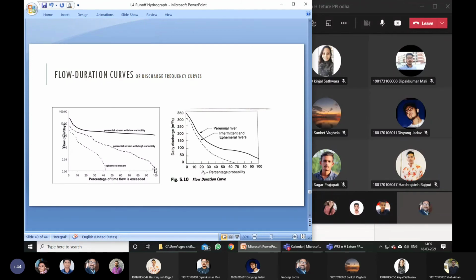This is also perennial, 100% here, but high variability, and this is an intermittent or ephemeral stream. The third one: FDC, what do we call it? The second name is discharge frequency curve. Flow means discharge, duration means frequency, and curve is curve. So flow duration curve, and the second name for the same curve is discharge frequency curve.